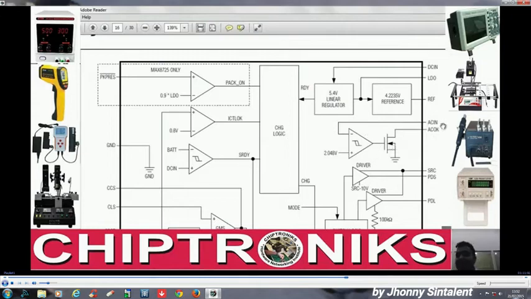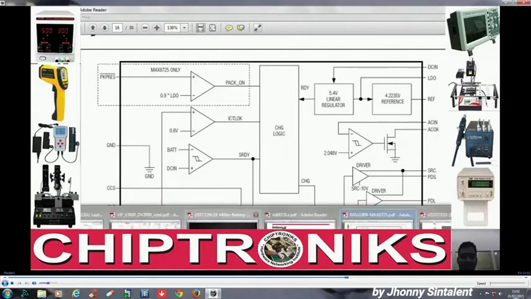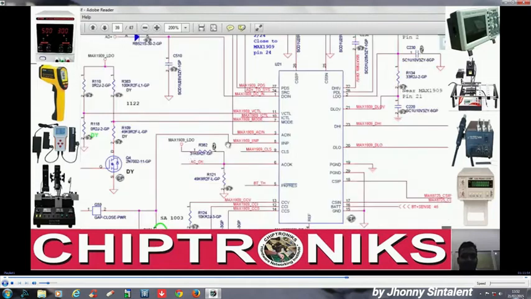In that case AC OK is connected to LDO, MAX1909_LDO. This value is 5.4 volt. There are two resistors across this, so there would be some voltage drop, and this would be approximately 3.3 volt.